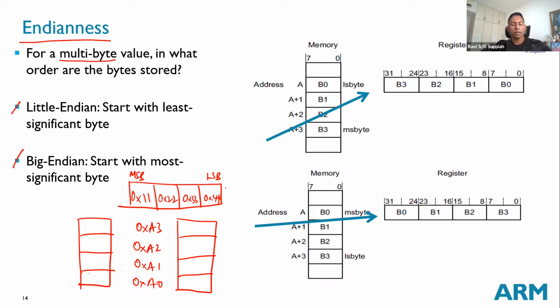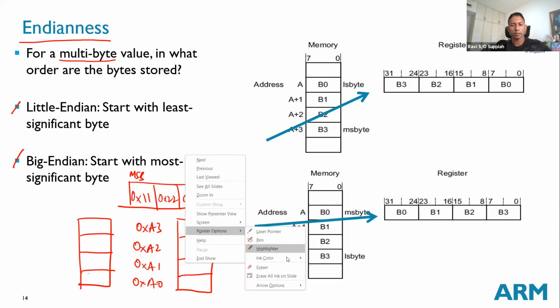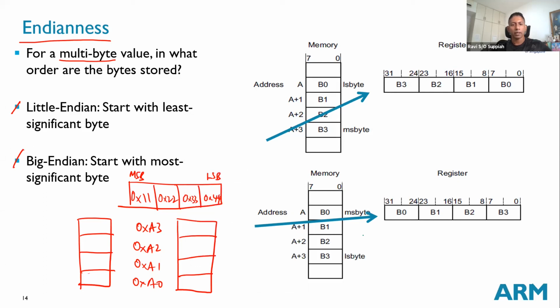If the least significant byte, 0x44, goes to the lower address, that means the order will be like this. The least significant byte 44 goes to the lowest address, and then I go up. So this will be what we call the little Indian.